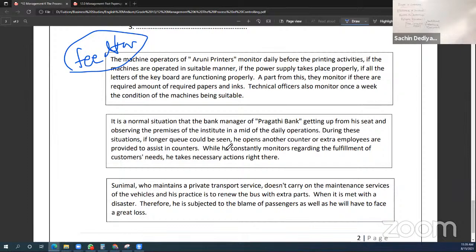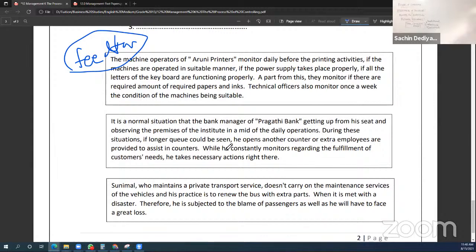And the second one is that you can see in the normal situation, the bank manager of Pragati Bank getting up from his seat and observing the premises of the branch in the middle of daily operations. During this situation, if longer queues could be seen, he opens another counter or extra employees are being provided to assist. Then you do not wait until there's a complaint. Now, maybe there will be a complaint, one of the customers saying, I waited like 1 hour to deposit or withdraw my cash, and he is very disappointed about the service.